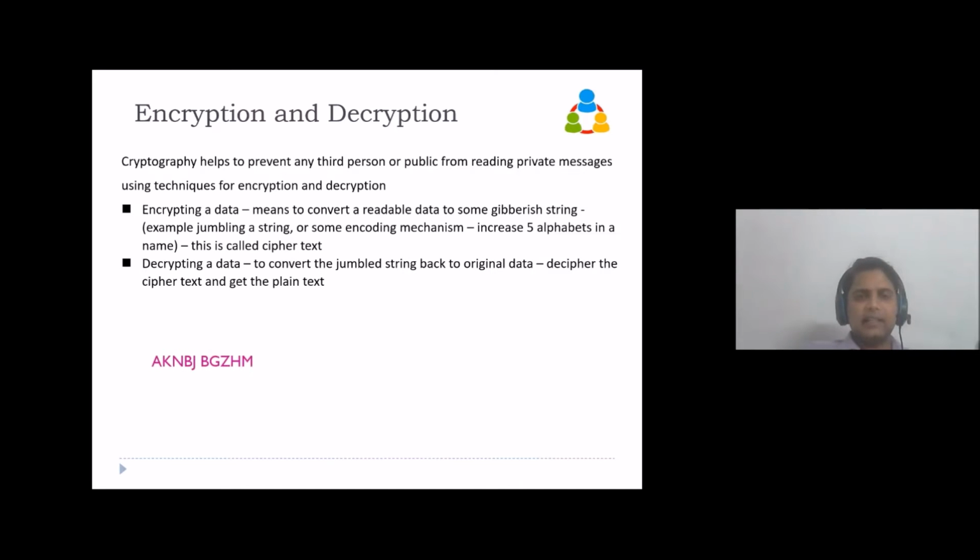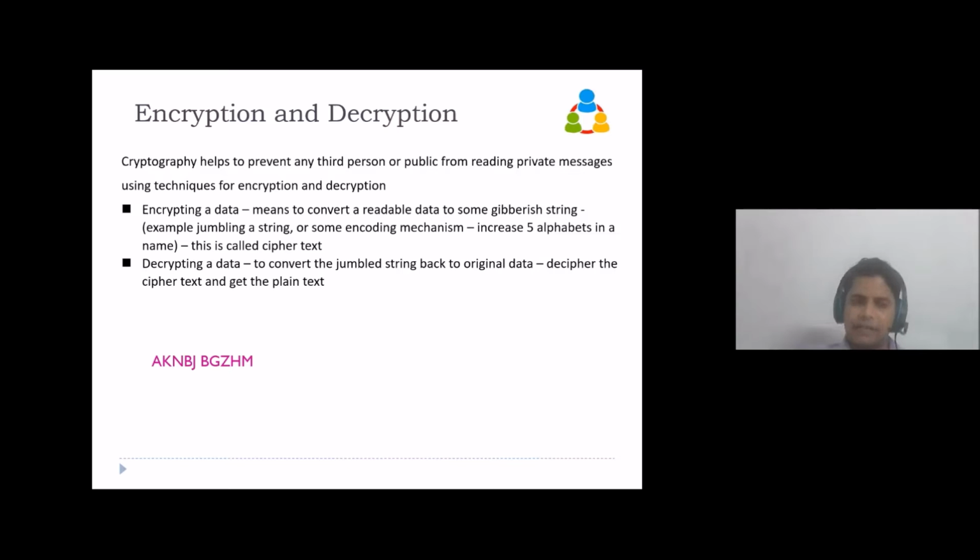So let's say this is a string. Okay. When you look at it, it doesn't make any sense, right? It says AK, NBJ, BG, HM, right? It doesn't make sense what it actually means.